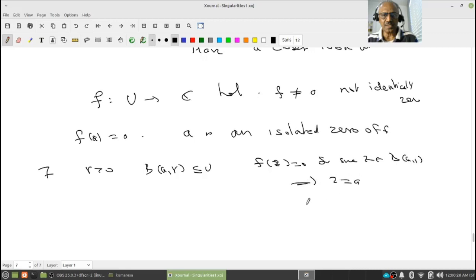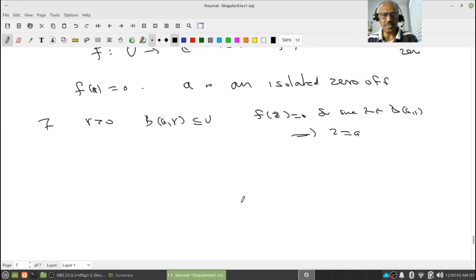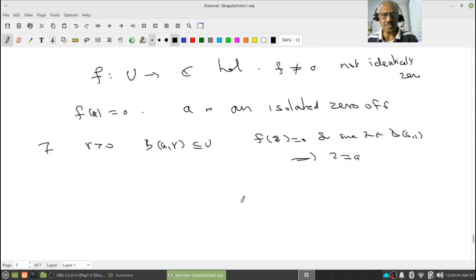That is, the only 0 in the open disk is a, and if z is not equal to a, then f of z is not 0. Therefore, it's isolated. There is only one point. You understand that? Okay.